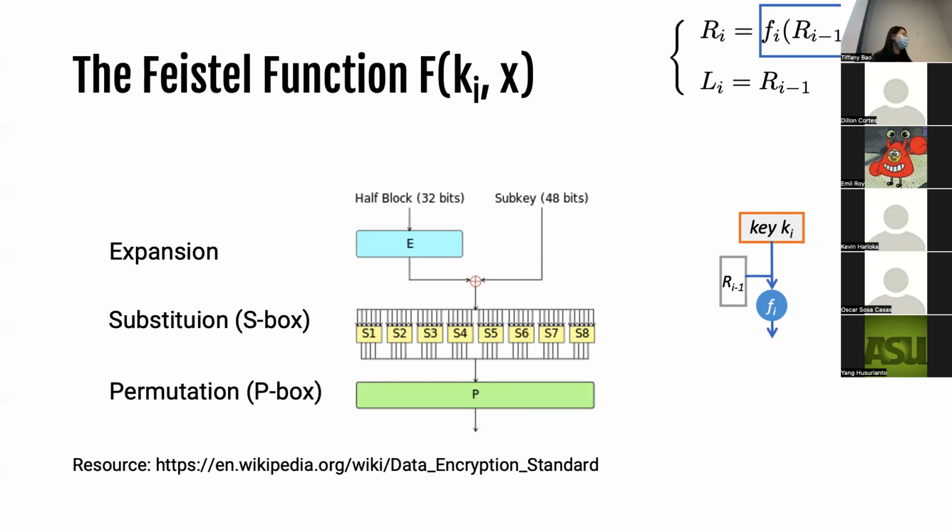All right? So you first expand it. And then after you expand it, you XOR it with your subkey. And remember that the subkey has 48 bits. So that means that after you XOR it, you will have 48 bits over here.